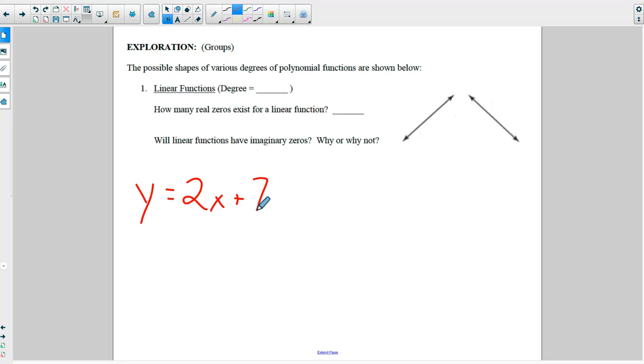What degree is that x right there? 1. Yeah, first. So, degree 1. How many times does this have to cross the x-axis? Once. So, how many real zeros does it have? 1. Does it have any imaginary solutions? No. Okay? No imaginary.